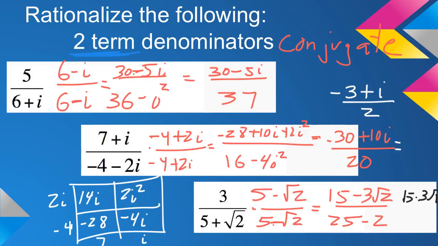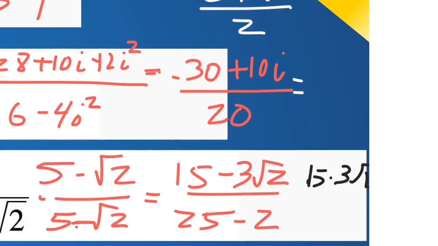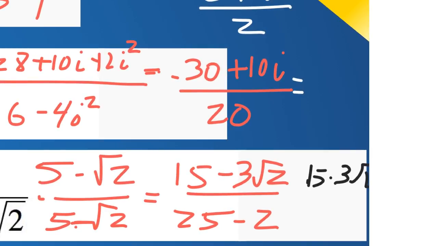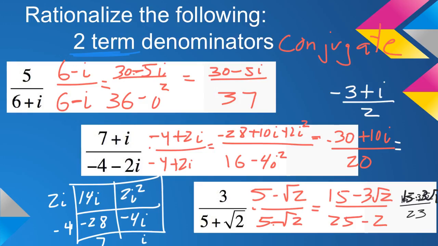So as you simplify, your final answer becomes 15 minus 3 square root of 2 all over 23. Again, you would check to make sure if this can reduce, which it can't in this example, but that's what you would want to do.